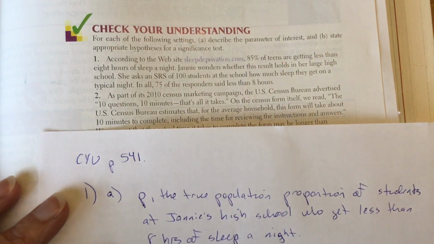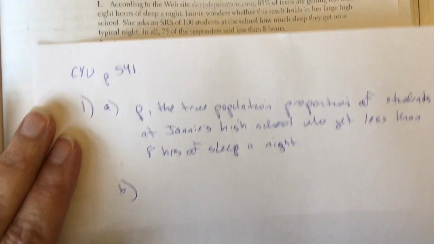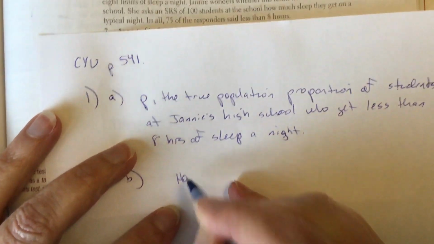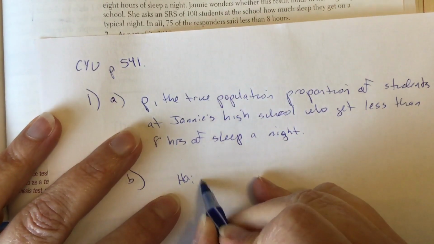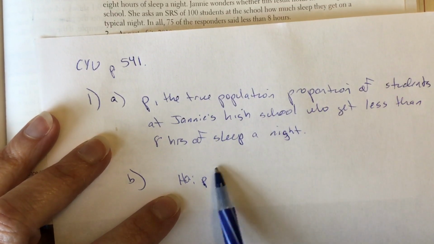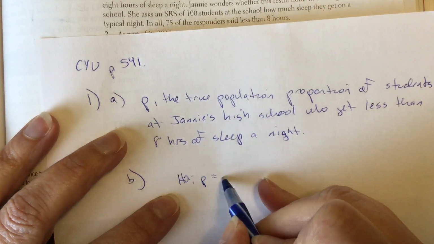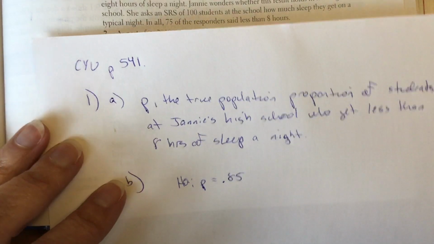So our null hypothesis here is that the true population proportion of students that get less than 8 hours of sleep is equal to 0.85, because that's what that sleepdeprivation.com website said.